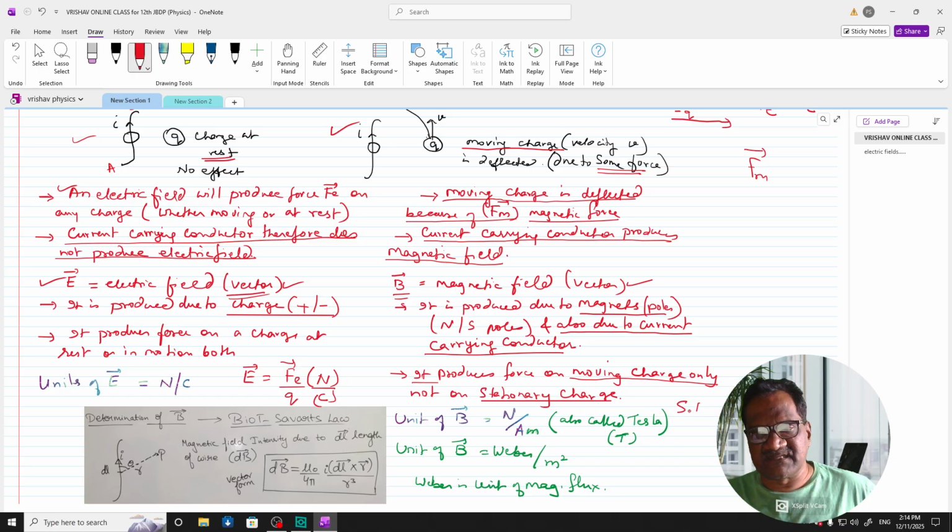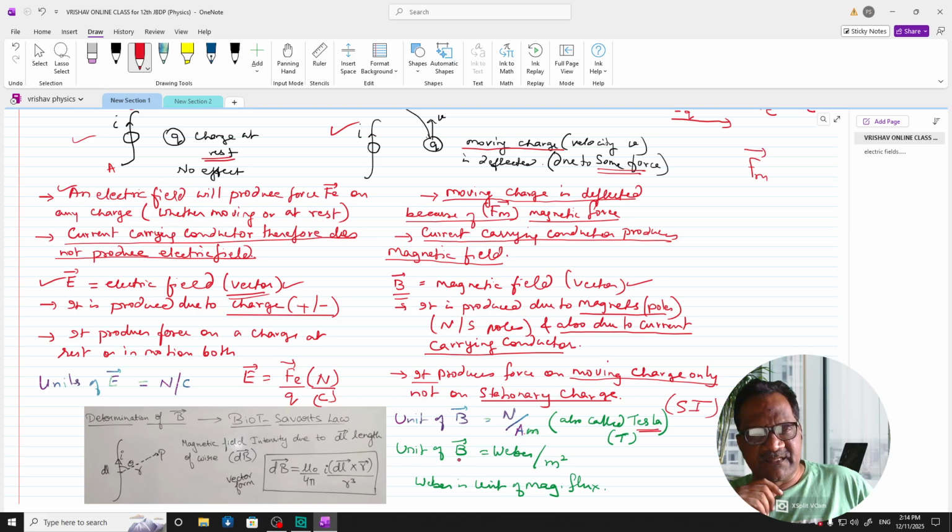Ampere is the unit for current, meter is the unit for length. So Newton per ampere meter together is called Tesla, T-E-S-L-A, which is denoted by T. So Tesla is a unit for the magnetic field strength or magnetic field intensity.